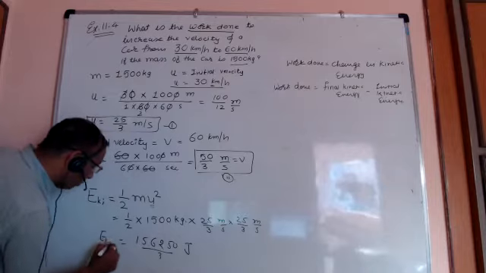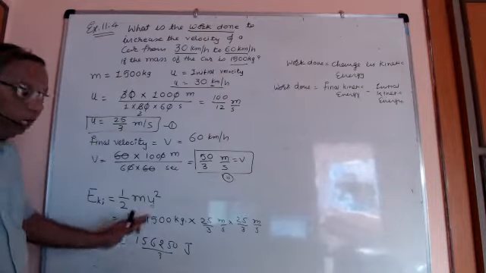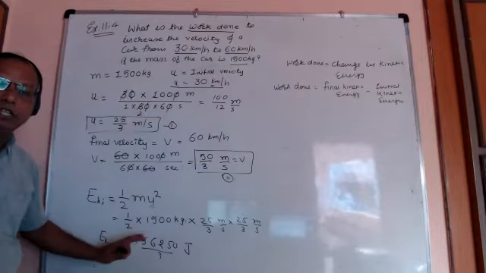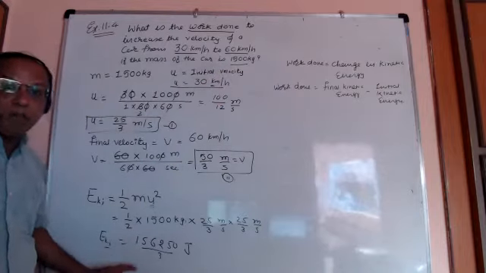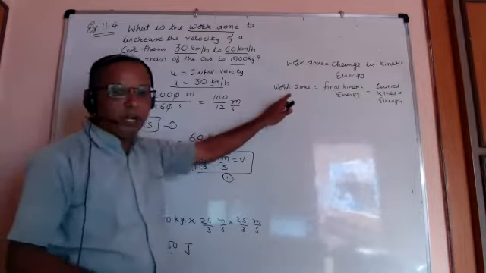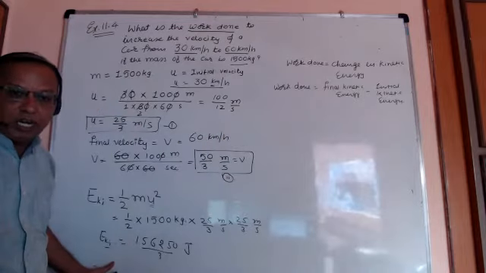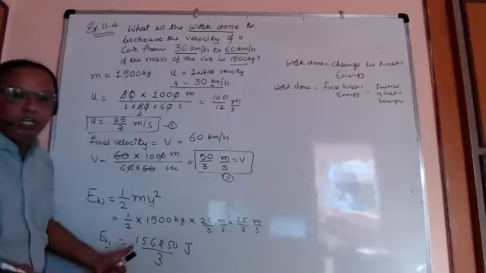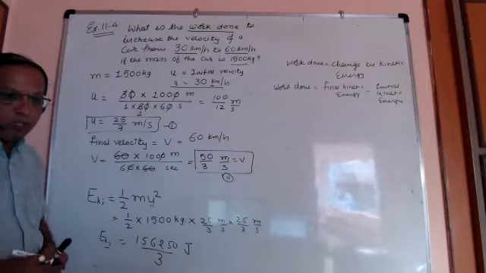Friends, this is still to be used in the next step, and that is why its simplification is not required here, because our question is to find work done, not the initial kinetic energy, and that is why we are not converting it into the simplest form.